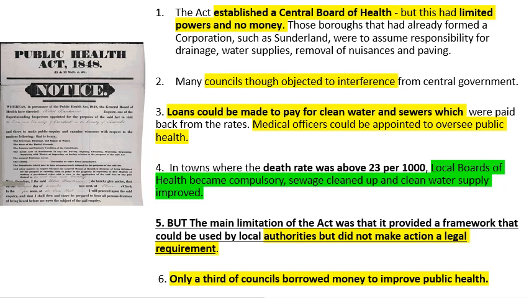Some would probably call it poll tax or community charge these days. And they could set up medical officers in each of the boroughs to keep an eye on public health. If you had a death rate that was really bad, in particular if it was 23 people dying out of 1,000, then it became compulsory. You had to have these measures put in place. But the big limitation of the Act itself was that it wasn't compulsory.